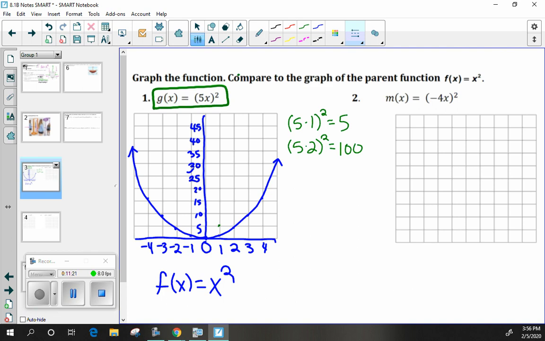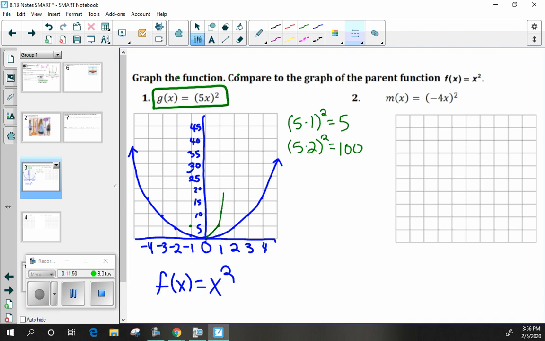And of course, when we square something, we have a positive again, because it's a negative times a negative, which is what we're squaring, is a positive. And we've got negative 1 times 5, squared, is 5, and then 5 times negative 2 squared is going to be 100 again, so it's going to be way up here somewhere, maybe over here.